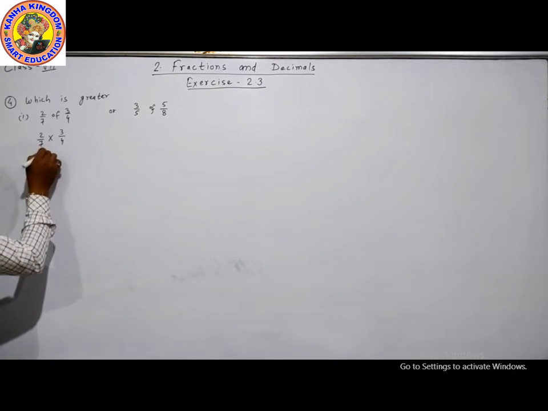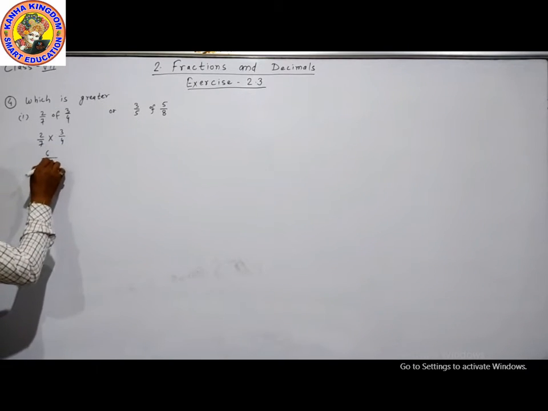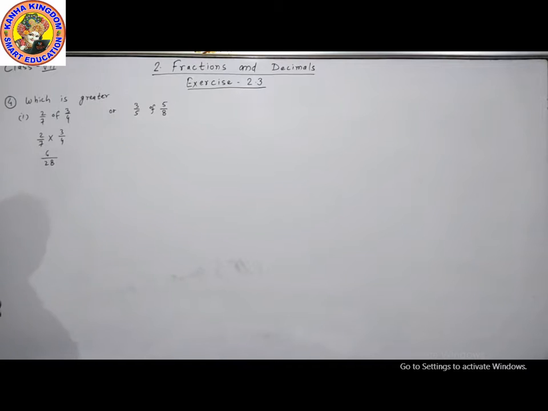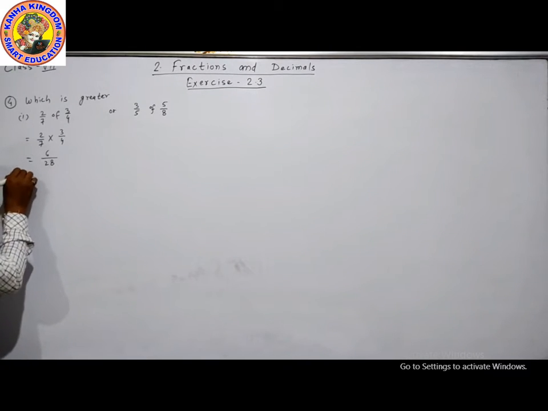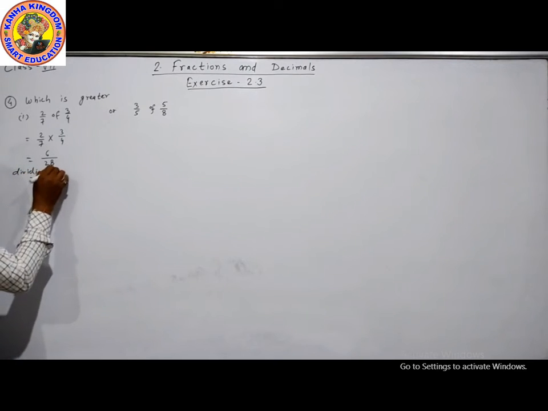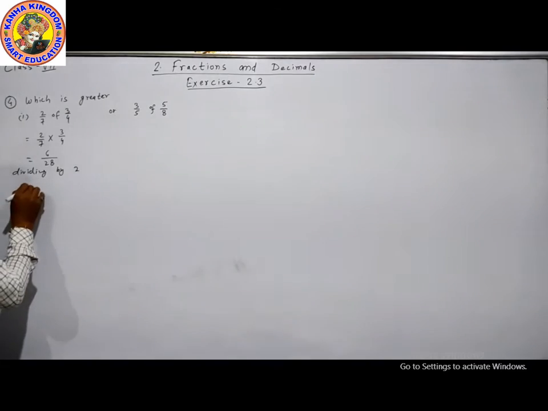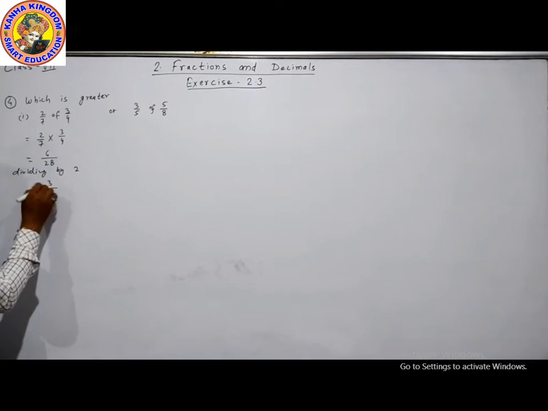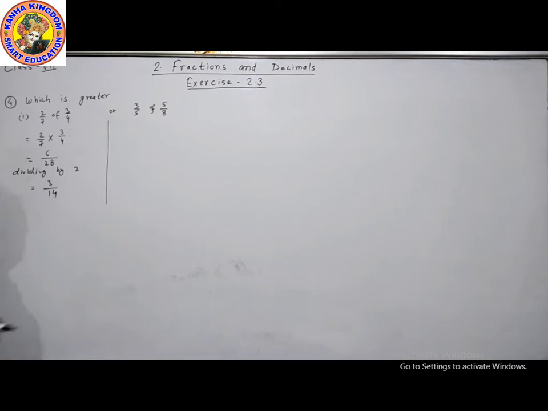So 2 into 3 is 6, 7 into 4 is 28. We can cut these numbers by 2. Dividing by 2, this is 3, and this is 14. This is our first number.